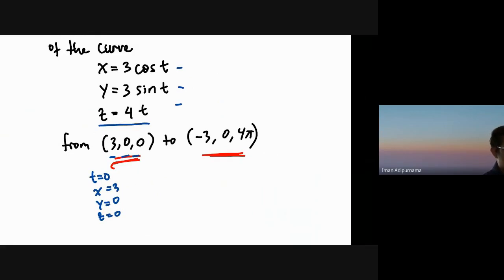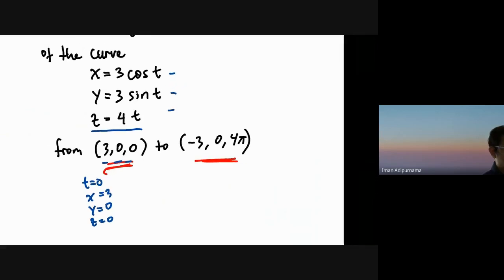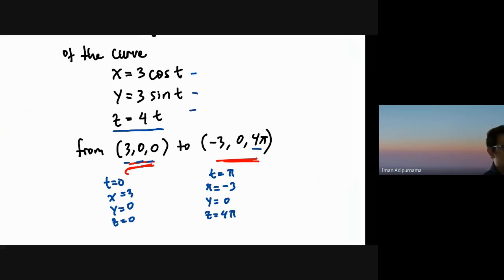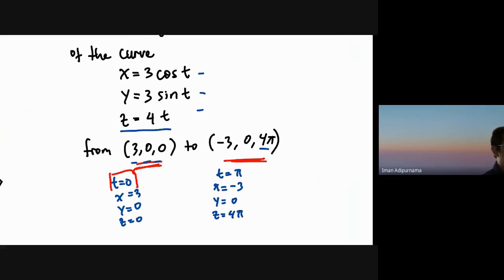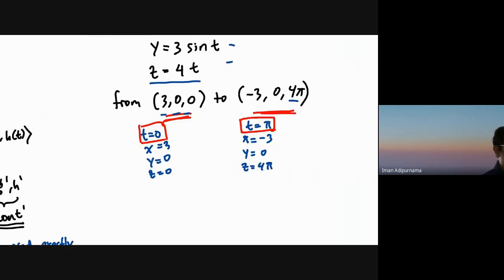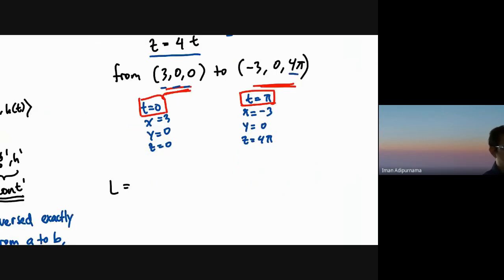And then the other point, you need to see that z becomes 4 pi. So maybe t is pi. So x is cos pi, which is negative, so negative 3. Sine will be 0, and z will be 4 pi. So we have t from 0 to pi, right? And that is what we are going to use in our calculations.